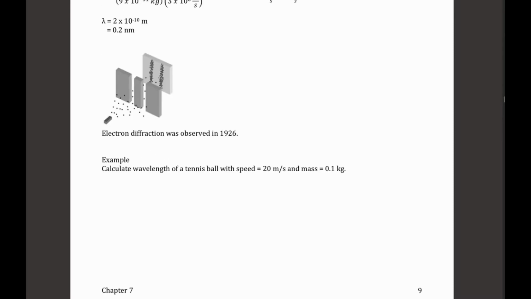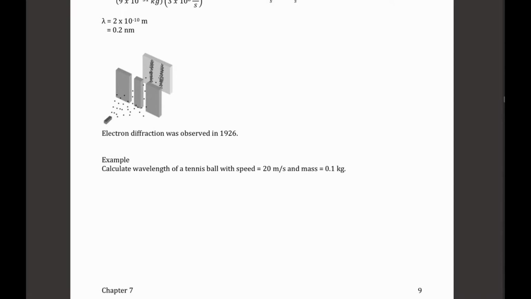Okay, our next problem for you to do on your own is to calculate the wavelength of a tennis ball with a speed of 20 meters per second and a mass of 0.1 kilograms. What you will find when you make that calculation is the wavelength is so very, very tiny, given the fact that a tennis ball is an object we can see.